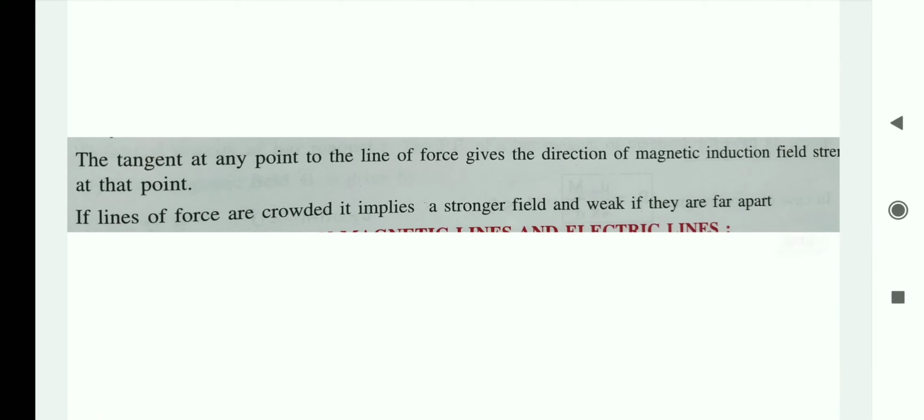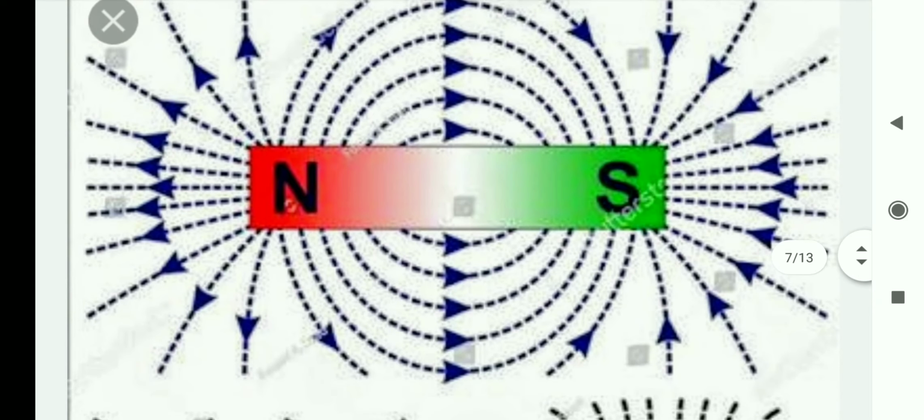The tangent at any point to the line of force gives the direction of the magnetic field induction at that point. Near the north pole, the field is going away. Near the south pole, the field is going inside.